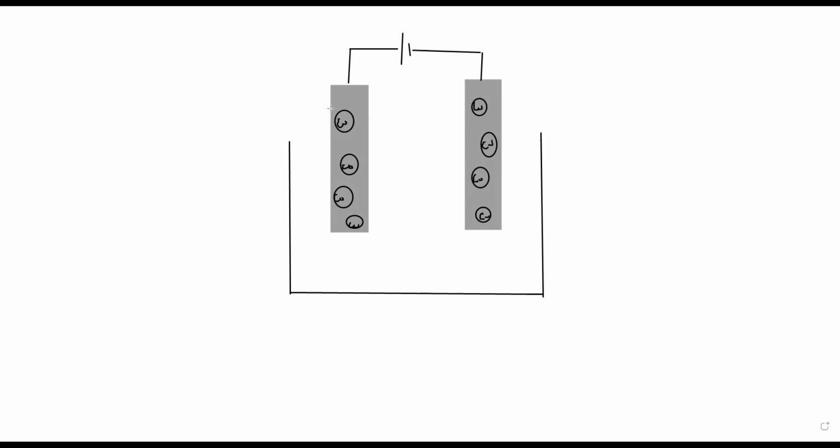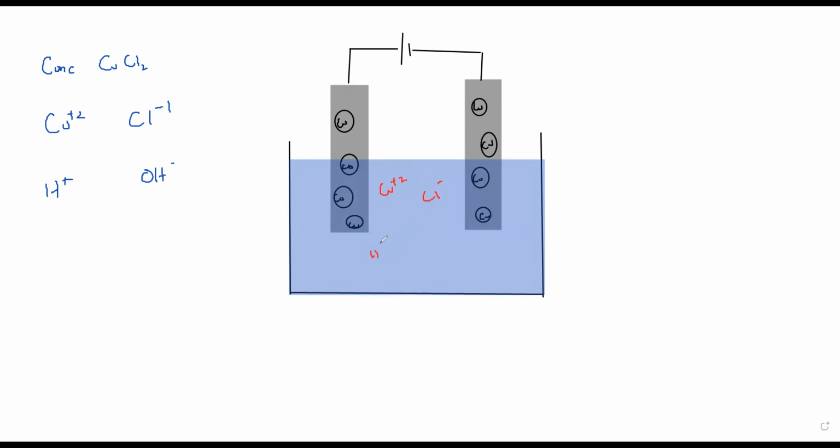Then the electrolyte, the solution, is copper. In this question it is concentrated copper chloride. So it contains copper ions, chloride ions, hydrogen ions and hydroxide ions, because it dissolves in water, so water contains H and OH ions.